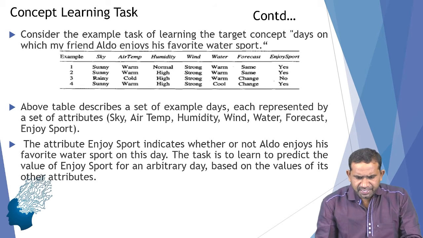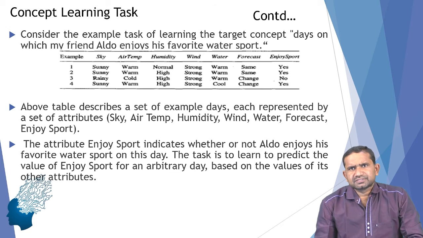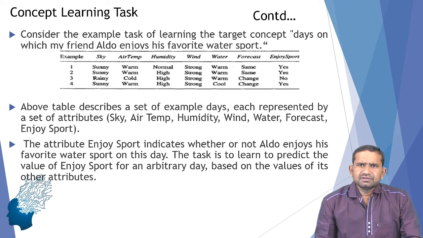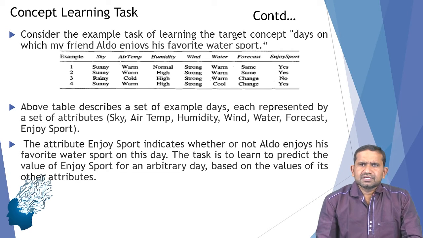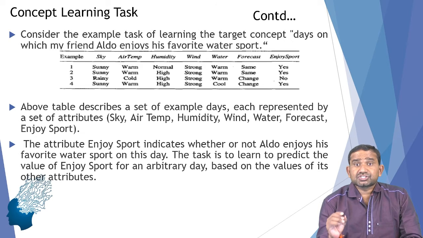So we take 4 days and 6 attributes. Our main aim is whether he enjoys the water sport or not. Our main objective is to finalize yes or no, whether the person enjoys the water sport based on the 6 attributes in 4 days.